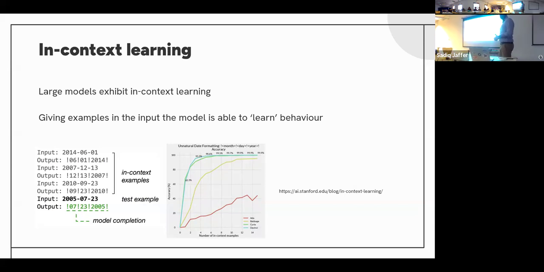To say they are learning might be controversial, but as you give them more examples, they learn the behavior that you want. And it seems like as the models get bigger, they do better and better at this. The green and blue models are from Stanley's blog post on in-context learning.